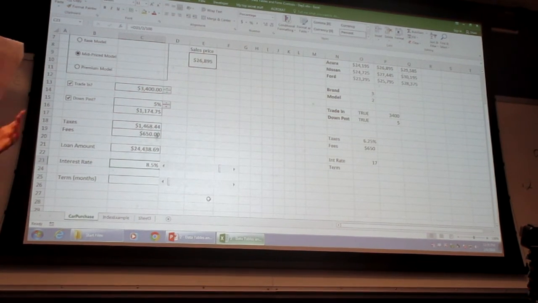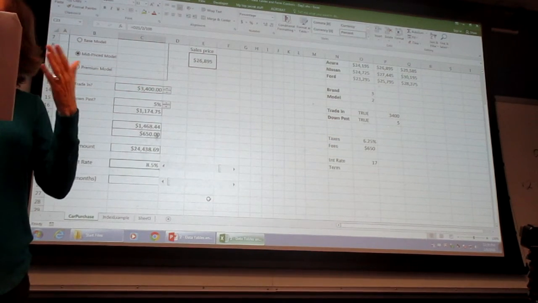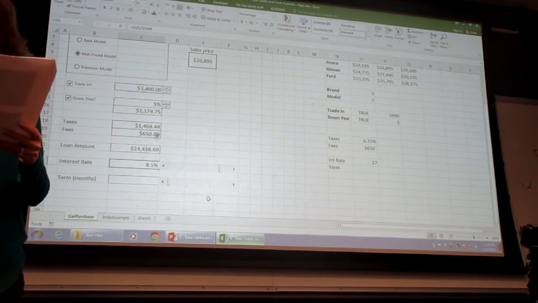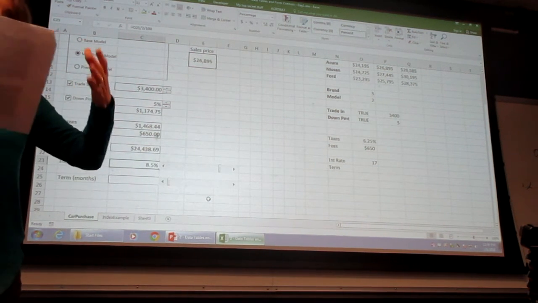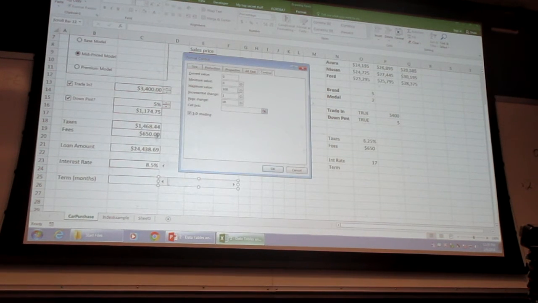Parameters in here. Your term can vary from 1 year to 6 years in 6-month increments, which means we're going to do this as months because we're not going to say half years anyway. So 1 year will be 12 months, 6 years will be 72 months. Okay, so we're going to go in here and set this format control up where our minimum value of a year would be 12 months.